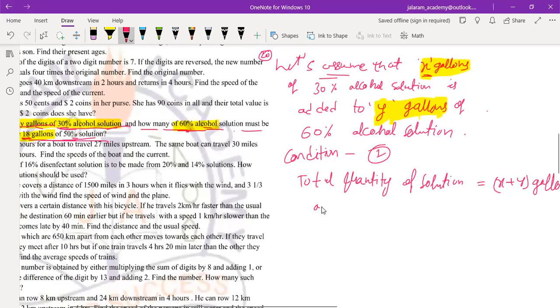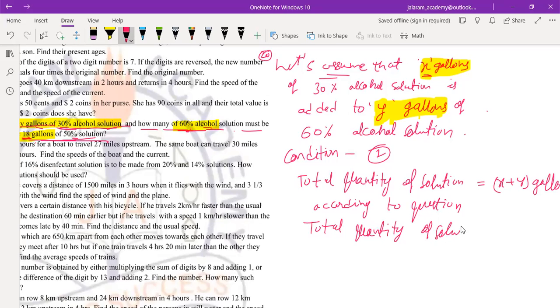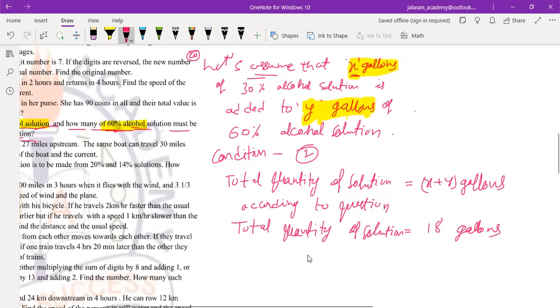We have added X gallons of first type with Y gallons of second type. But according to the question, the total quantity of solution is equal to 18 gallons. We are getting 18 gallons of mixture.